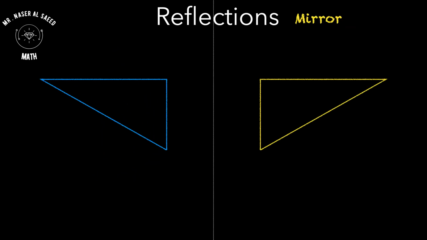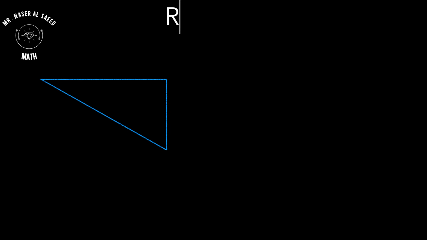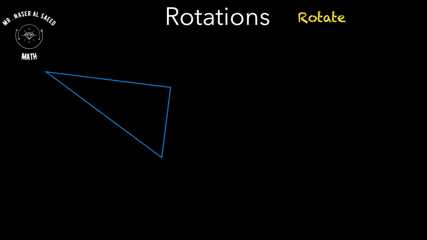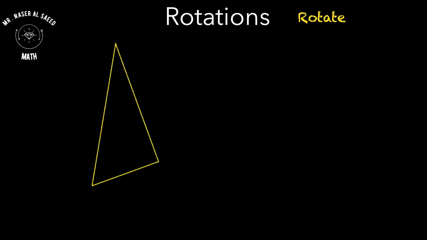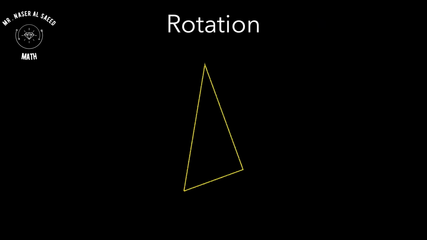A rotation just rotates, so all angles in the shape will rotate a certain amount of degrees like that. So I'm going to go over here, where we're going to have some translation, reflection, or rotation of the shape.